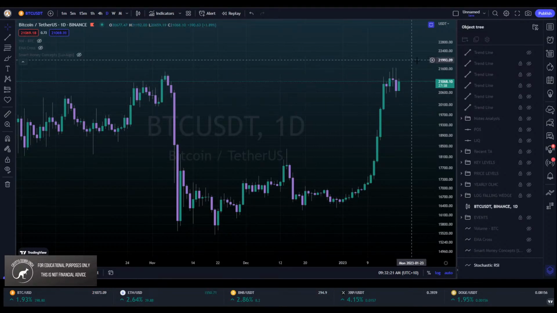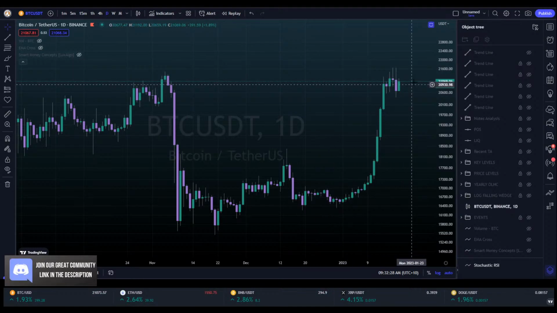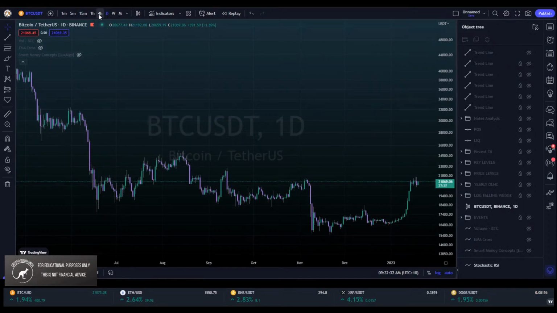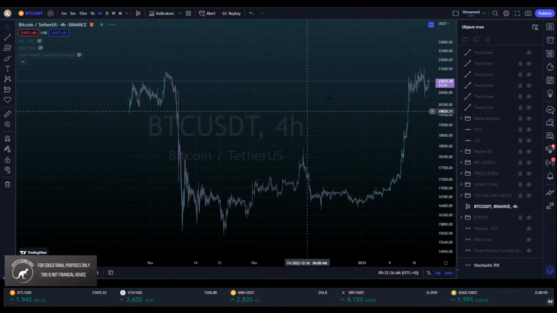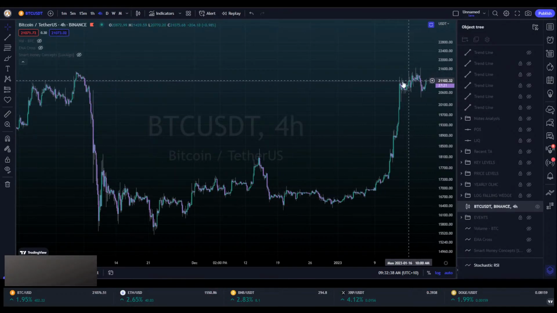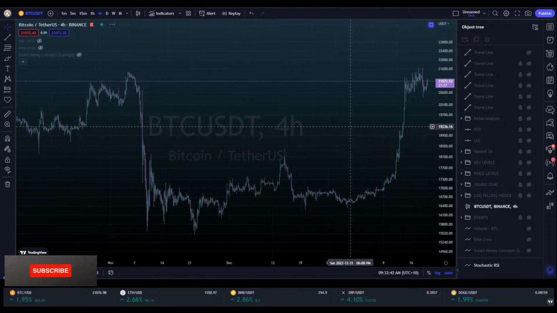By no means have we collapsed off this bull run that we've been on. We've certainly been consolidating. If we go down to the 4-hour chart, let's see if there's any more enlightenment we can get from that chart. And to be honest, not really. It's saying the same thing. Similar story.